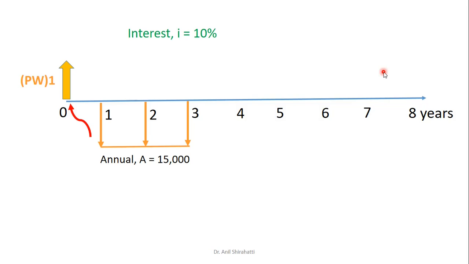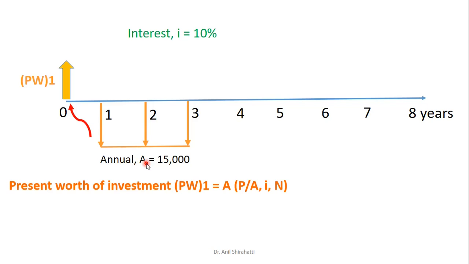Okay, and I want to move to this one. So the relation is between P and A. So I can write a simple equation as P equals A into (P/A, i, N). Here I am not putting plus and minus because I am solving it individually. Plus and minus will be taken at the end, whether it should be positive or negative. That's why the equal to sign is used.